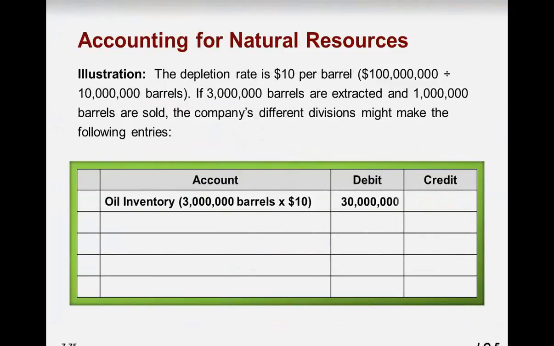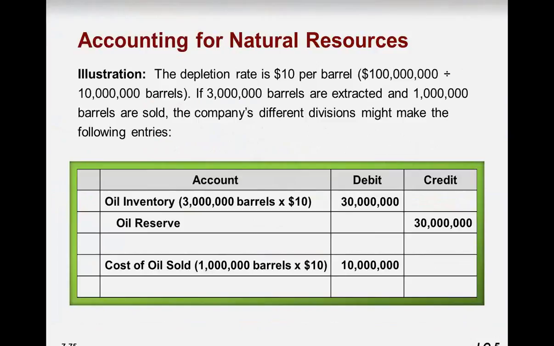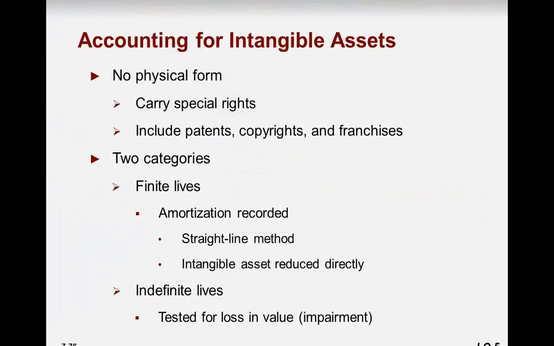As we use up the oil, or pull it out of the ground, we move it into oil inventory. As we sell it, we charge it as cost of oil sold and reduce our oil inventory. So basically 3 steps.